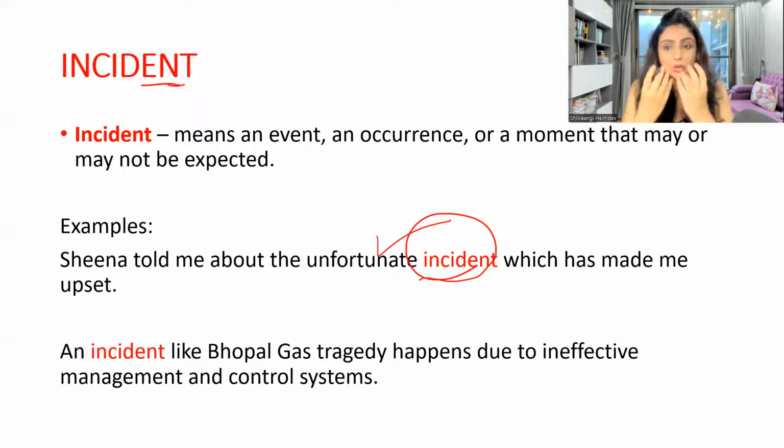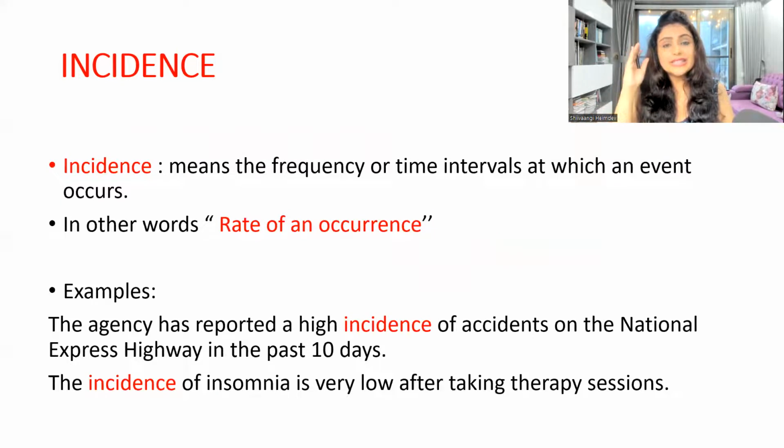The way I'm using the word incident here is absolutely correct, because incident here means an event, an occurrence. I hope it's clear. It purely means an event, an occurrence, or a moment, which may be favorable or unfavorable.